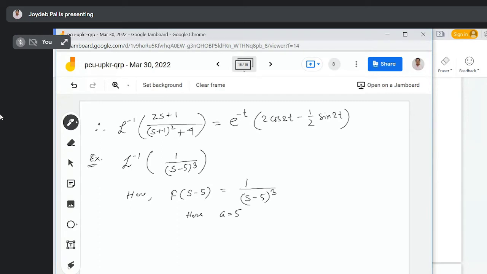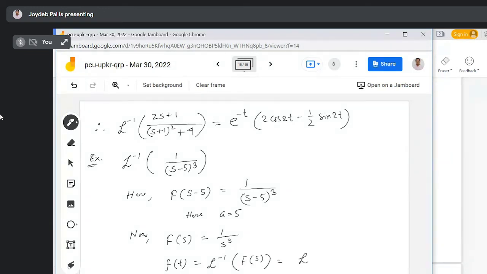What is ft? Ft is the Laplace inverse of fs. So what is capital Fs? Sir, 1 by s cube. 1 by s cube. Correct. Then small ft, it is Laplace inverse of capital Fs.